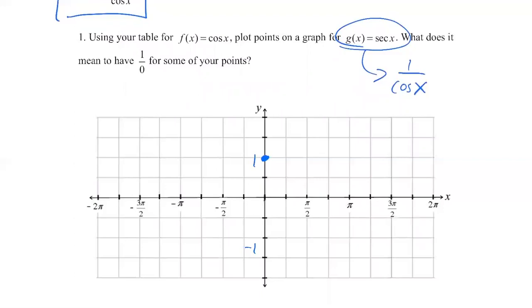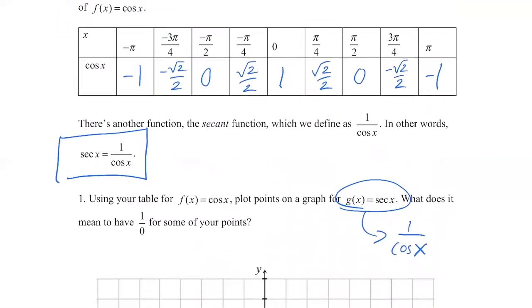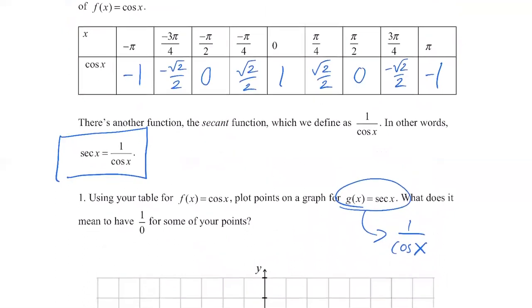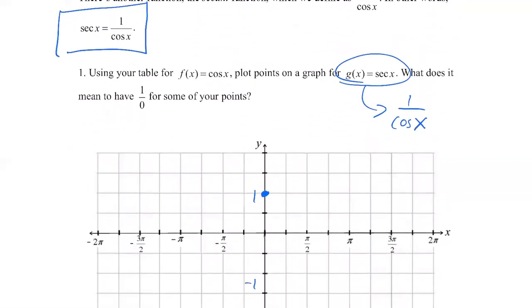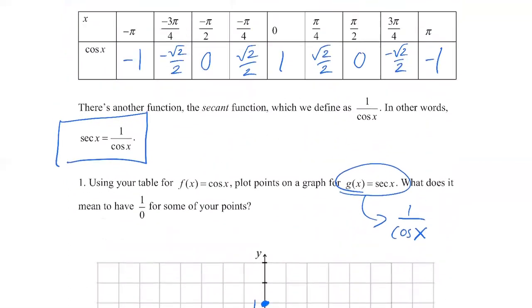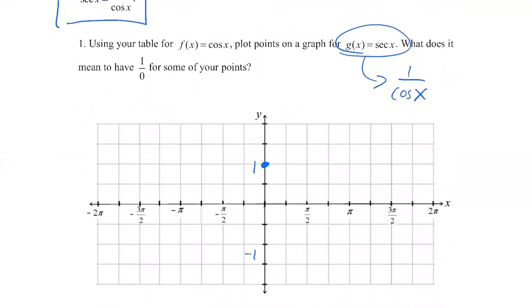Okay. Now, let's take a look at the easy points first. When we were at negative pi, so we'll go out to here. Negative pi, we had a value of negative 1. So 1 over negative 1 is still negative 1, so no change there.